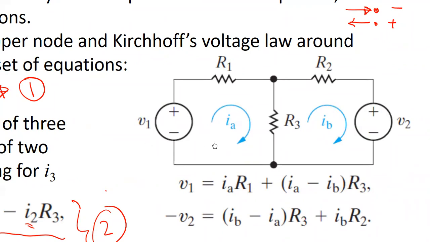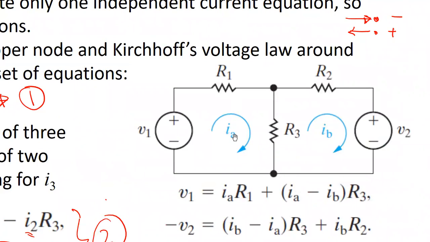IA is a mesh current, IB is a mesh current, and always assign them in the clockwise direction, the same direction in the circuit. I advise you, to be compatible with the textbook, to assign the mesh currents in the clockwise direction. Can you assign them the opposite? Yes, you can. But let's go with the textbook and always assign them clockwise.